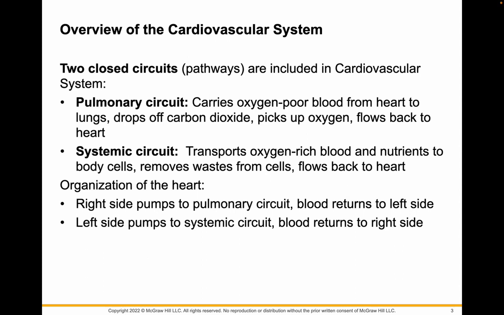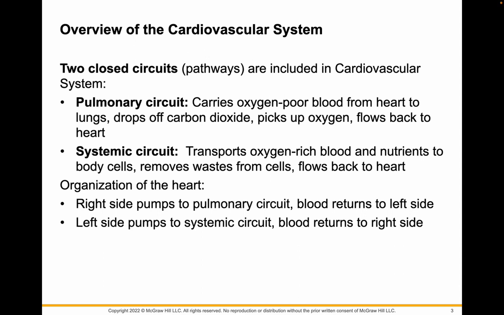The systemic circuit, on the other hand, is a little trickier because it's all the systems of the body. So the nervous system, the brain, the kidneys, the muscles of the legs and arms, all the muscles, right? So all the systems. And we just oxygenated the blood in the pulmonary circuit.